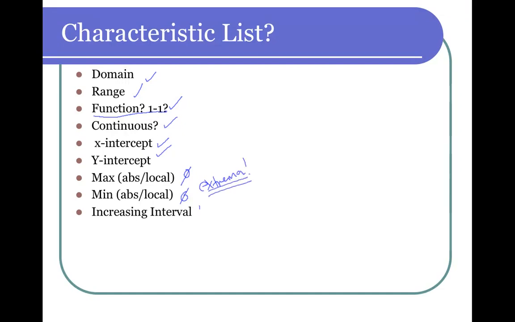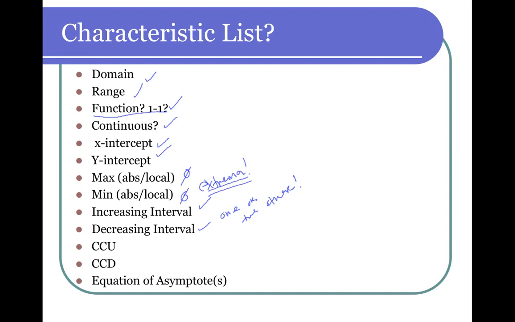I talked about increasing. I talked about decreasing. It's going to be one or the other. I talked about concavity, right? And I talked about the equation of the asymptote or asymptotes. For an exponential function, we're only going to have one, right? When we were dealing with rational functions, we had more than one.